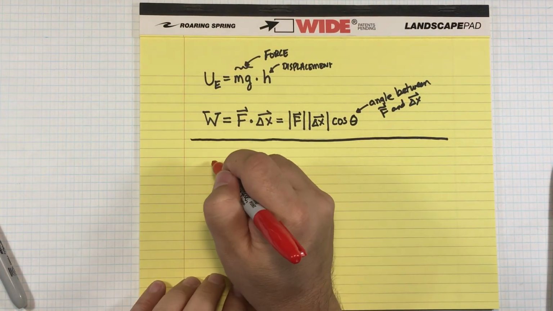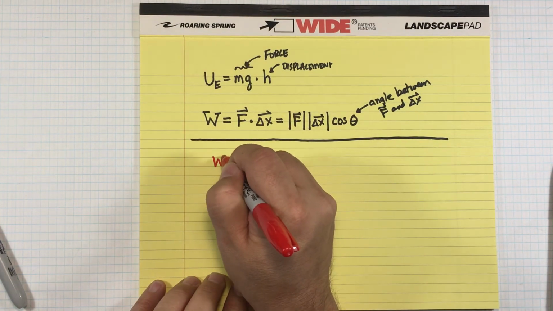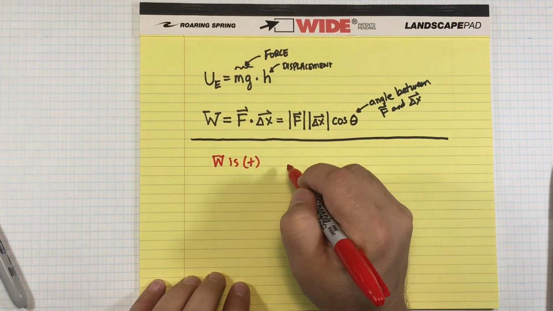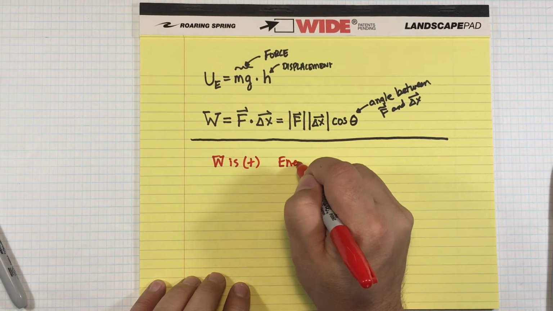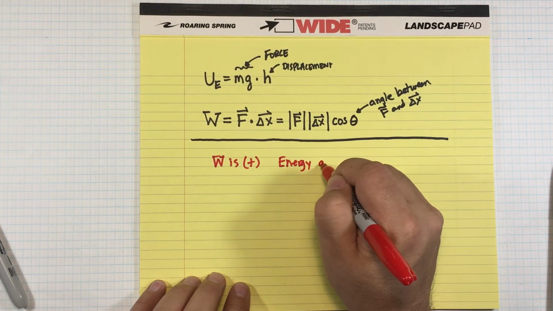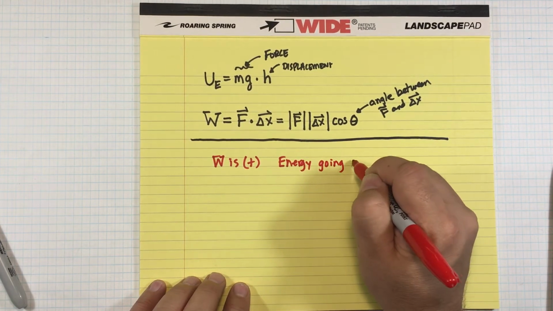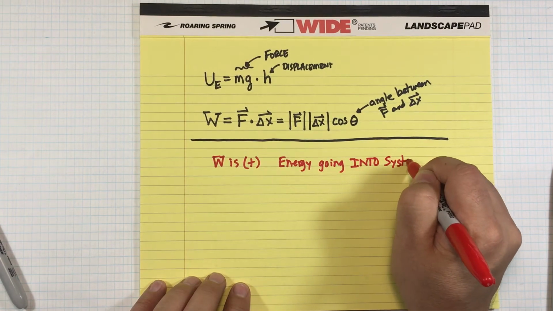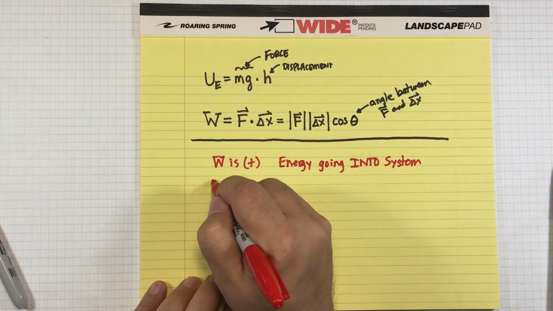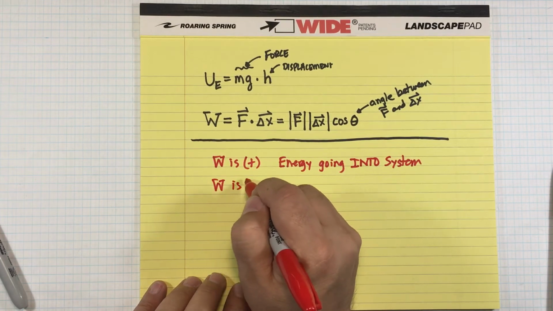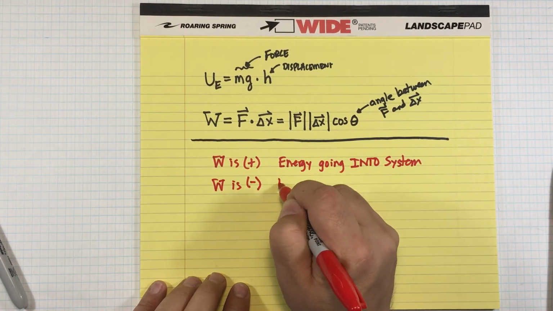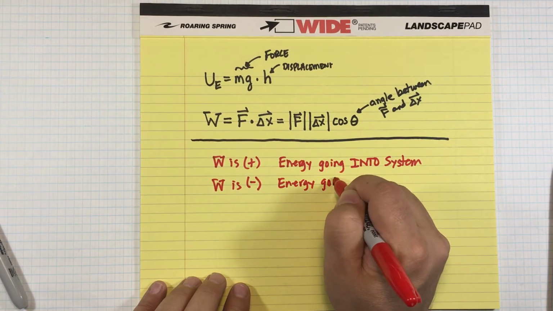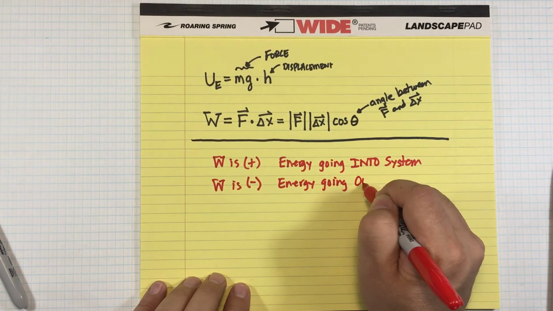So what we define is when we say the work is positive, then energy is going into the system. And similarly, when the work is negative, then we say that energy is going out or being extracted.